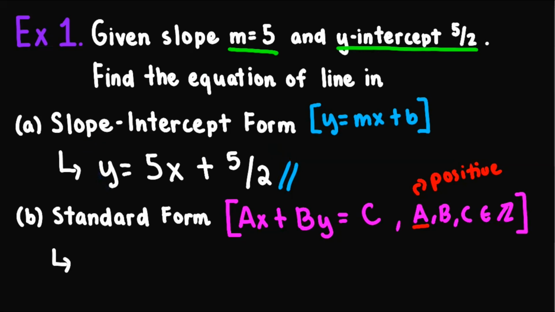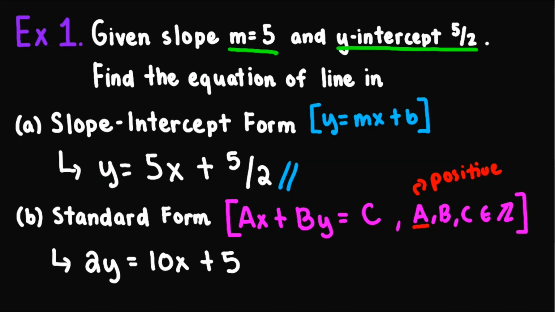That will give us 2y equals 10x plus 5. So all of these are already integers and we don't have any fractions anymore.